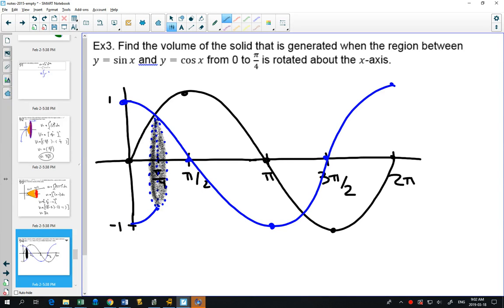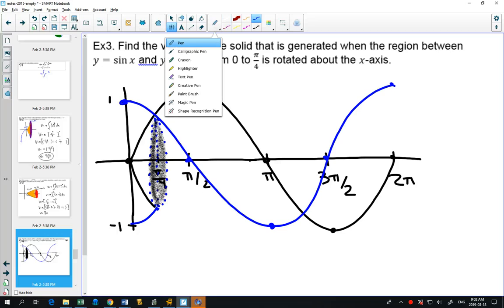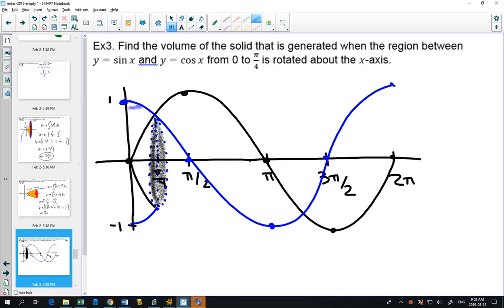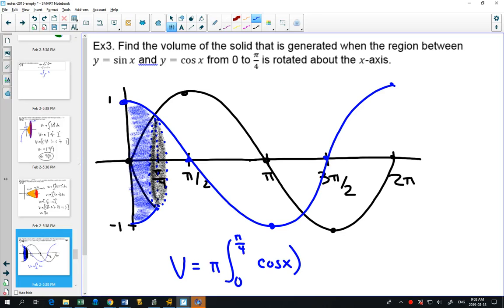Okay? And then I'm going to fill in that line there, and I am going to color in with crayon. So that volume, which I'll write in blue, 0 to pi over 4, that's my cos graph squared dx.